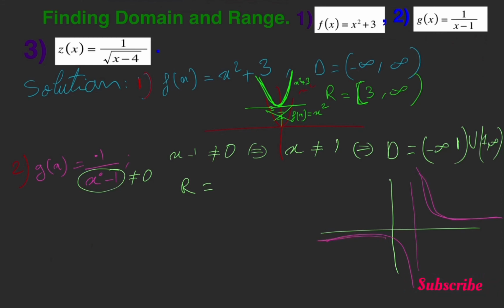So this will be like an asymptote, this one here. So the range will be from negative infinity to 0, united with 0 to infinity. This is the range for this function.